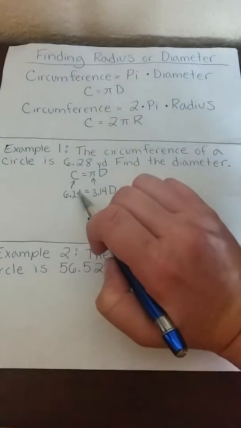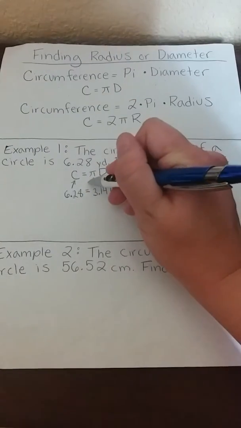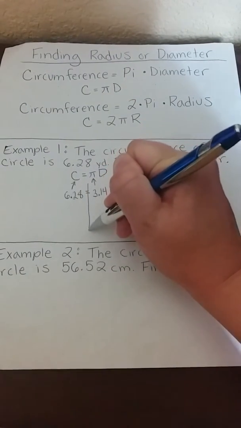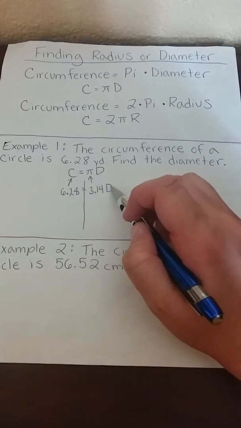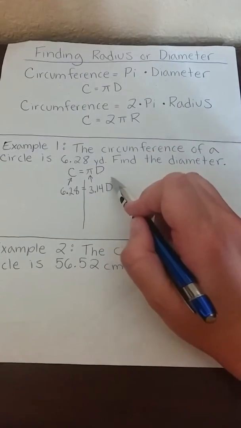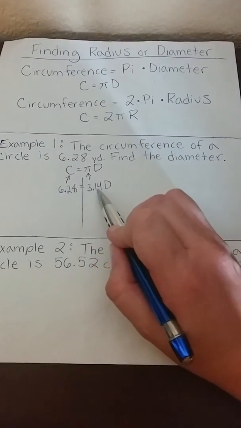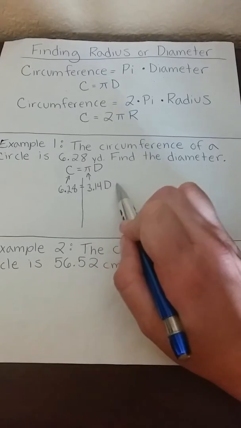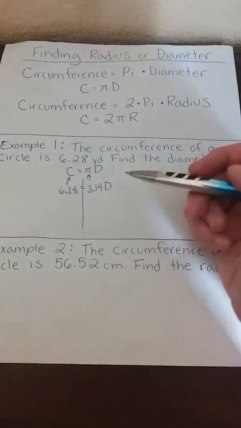We can't multiply 6.28 and 3.14 because they're separated by this equal sign. Instead, I have to solve this equation and get D alone. I have 6.28 equals 3.14d. This is multiplication. To undo multiplication, I use division.